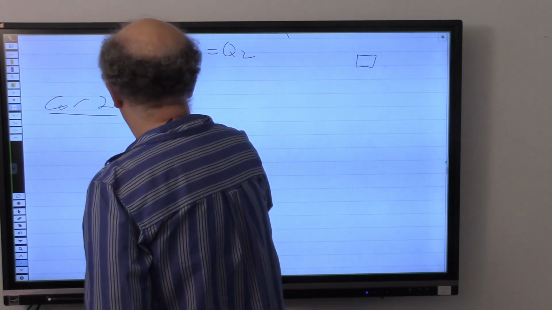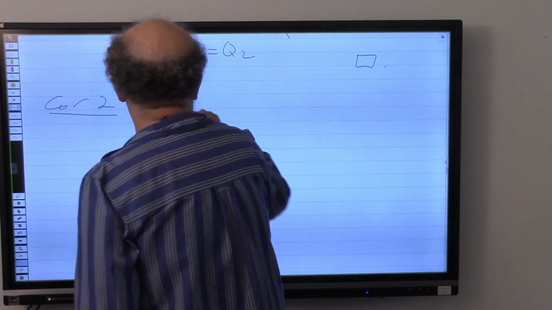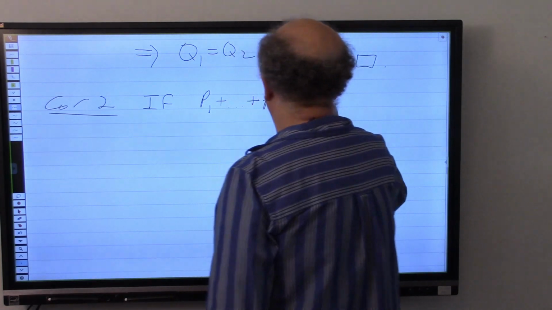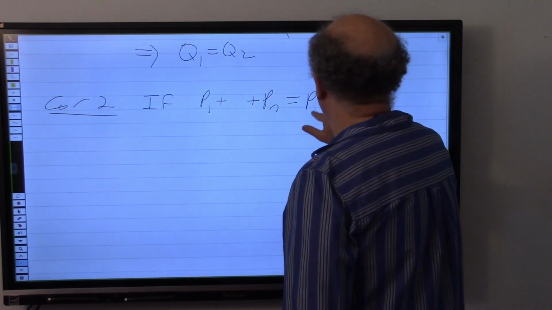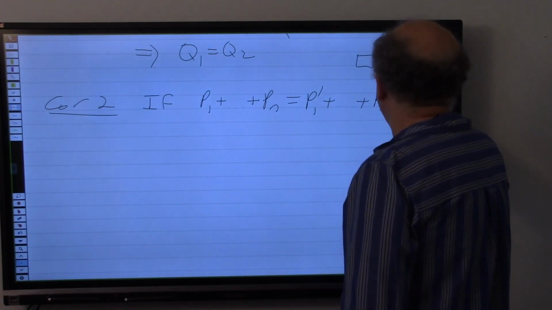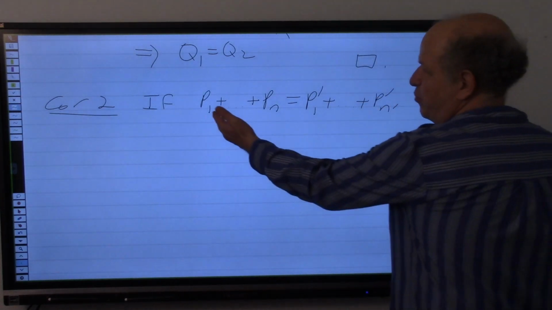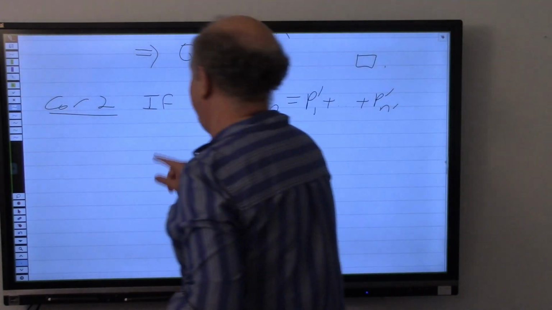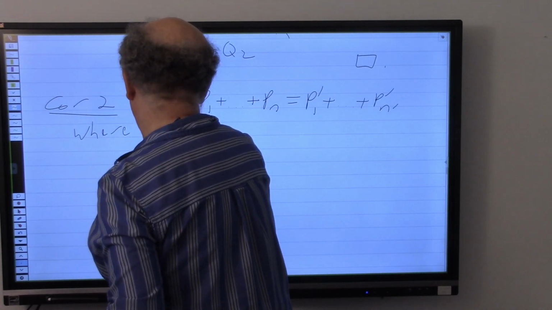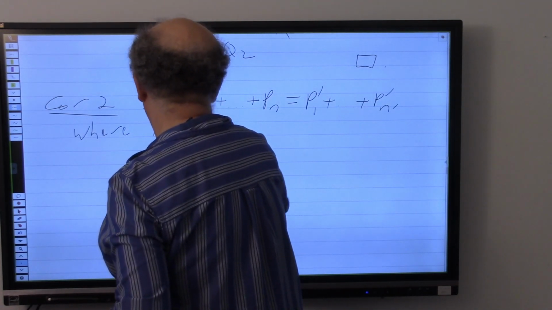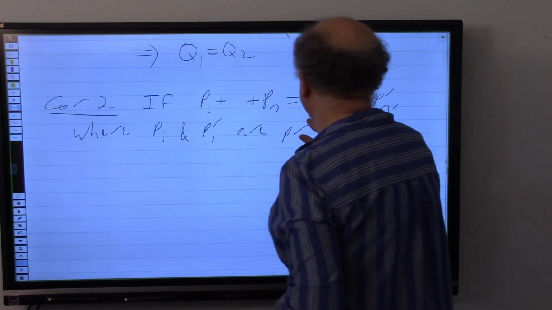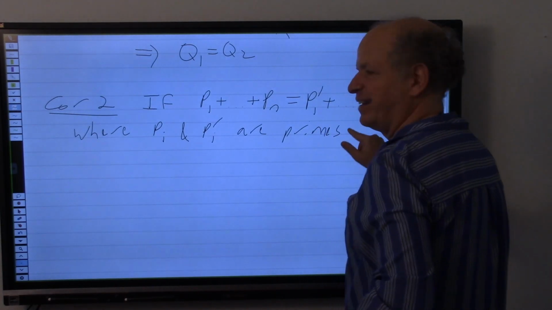So, corollary 2 says the following. If P1 plus up to Pn is equal to P prime 1 up to Pn prime prime, so if I wrote the same thing as a sum of primes, where Pi and Pi prime are primes, that came out funny.